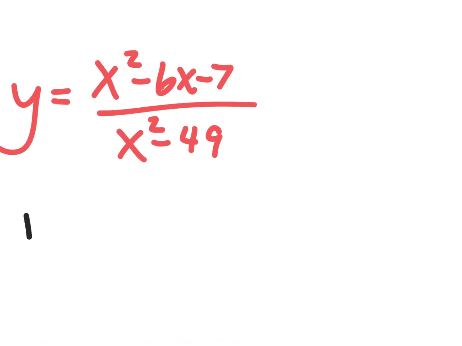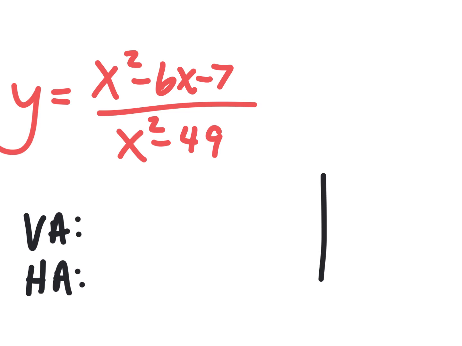Now, the things we could ask you are, what are the vertical asymptotes? They are what makes the bottom 0 after you've canceled everything. What are the horizontal asymptotes? I gave you the 1,000 idea because we want to go way to the right and see if it leveled off anywhere. Did it level off or does it just keep going up?